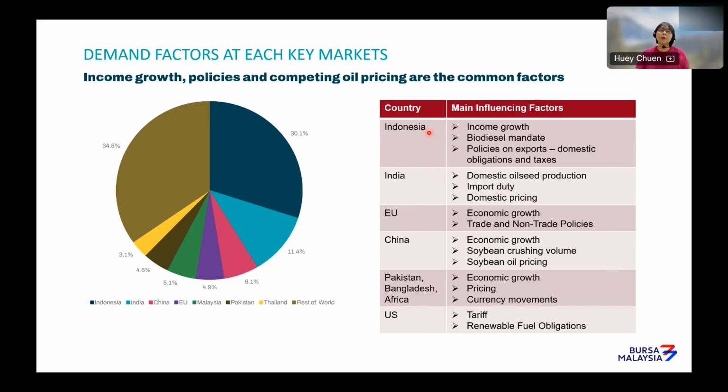It's highly correlated between income growth and demand growth, or I would say GDP growth and demand growth. When you have better GDP growth, overall demand will go up. And being a staple food, demand for vegetable oil will also increase in tandem. But for each country, we also need to monitor other factors.